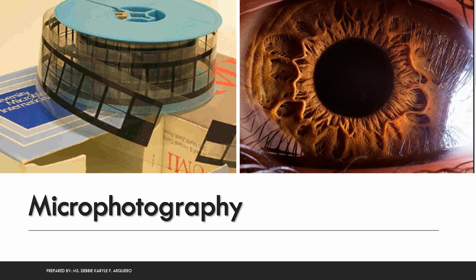Pag sinabi nating microphotography, this is with the use of a microfield. When we say photomicrography, this is a type of photography which uses a microscope and has a magnification of 10 times and up. In microphotography, it is used in photographing small objects but with the means of a microfield.